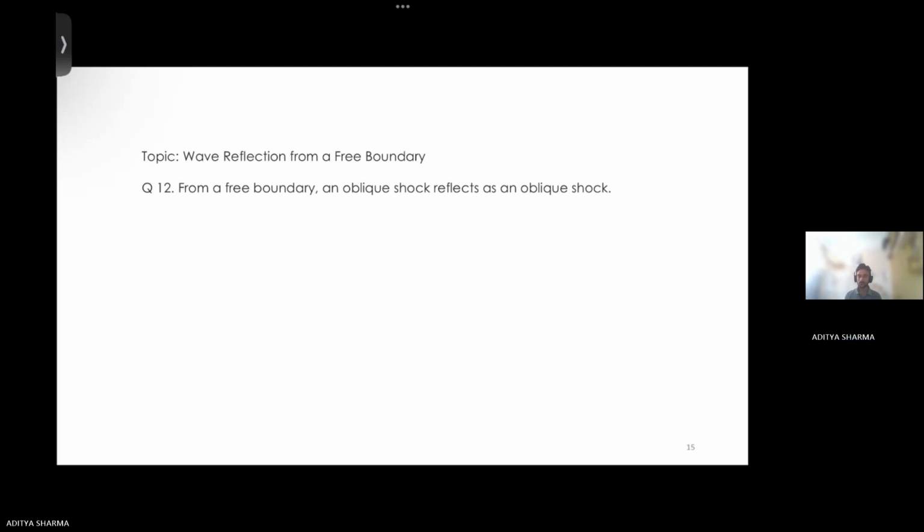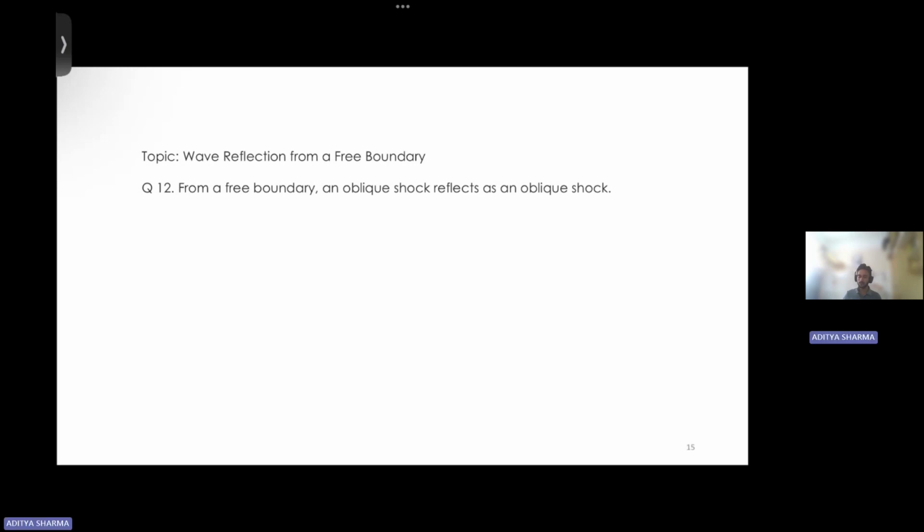So if you see that, question number 12 says that from a free boundary, an oblique shock reflects as an oblique shock. So our knowledge says that an oblique shock reflecting from a free boundary, as is the case of a nozzle with the over expanded case, gives an expansion wave and vice versa, right?